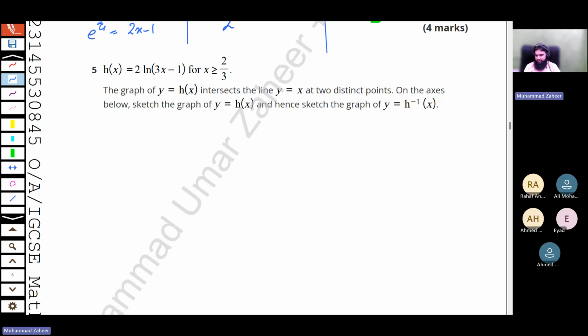So let's see how to substitute 2 over 3 here. h of x is equal to 2 into natural log of 3 into 2 over 3 minus 1. The 3 will be cancelled out. You will get 2 natural log of 1. Everyone, please find the value of natural log of 1.